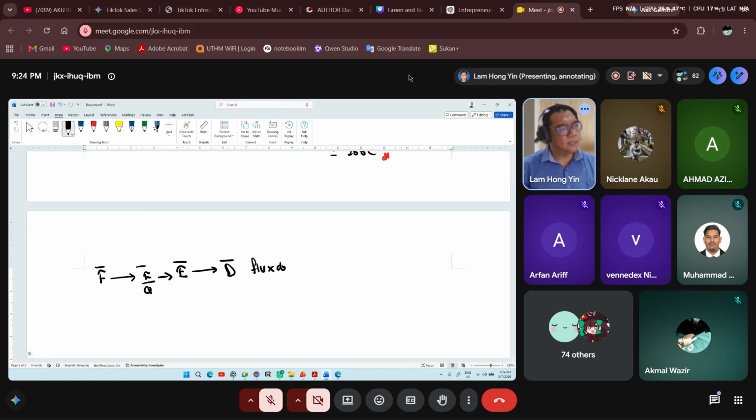The flux density can be related to the E. They have some relationship between flux density and the E field intensity. But before we move there, let's do some examples related to this.